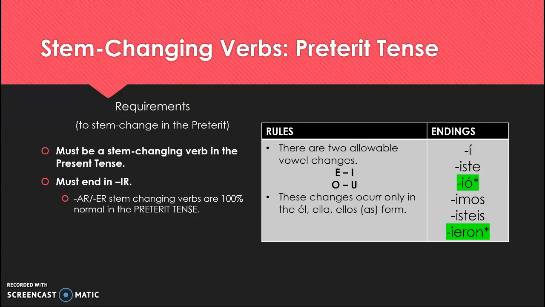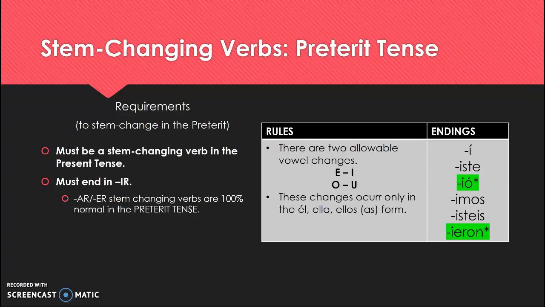So even if it was E to IE in the present tense and it qualifies, it is now E to I. And even though in the present tense it might have been O to UE, now if it qualifies, it's O to U. And unlike the present tense, these vowel changes happen in a different spot. They happen in the bottom 2 conjugations, the él, ella, and the ellos, ellas forms.